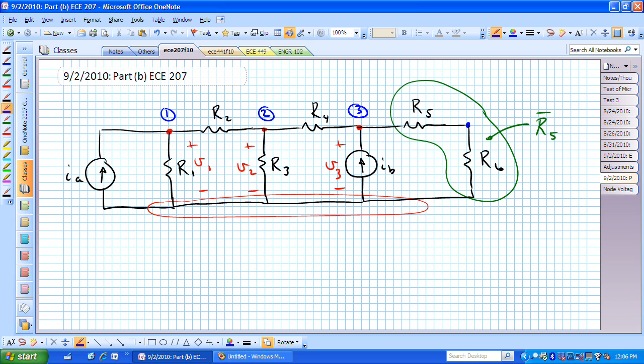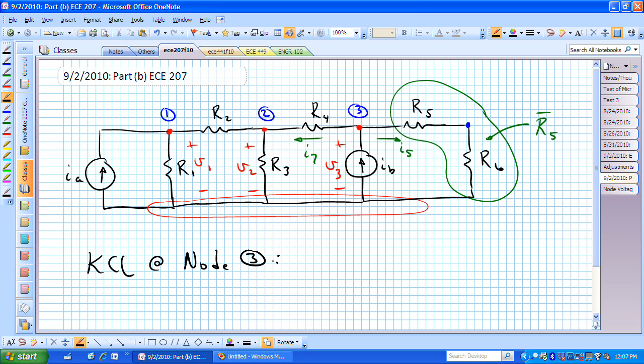We've already written a KCL at 1 and a KCL at 2, and the approach that I'm using, as a bookkeeping way to keep me organized, is to simply define currents at that node, and that allows me then to see what's going on relative to the KCL operation or strategy.